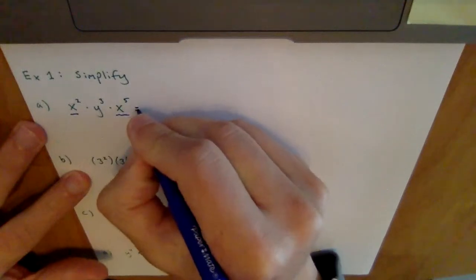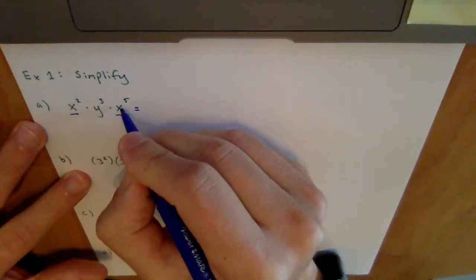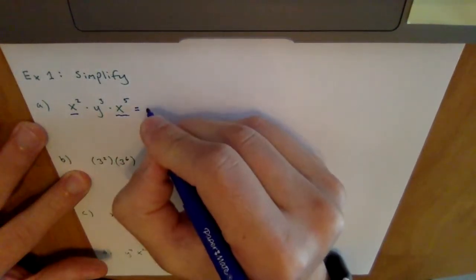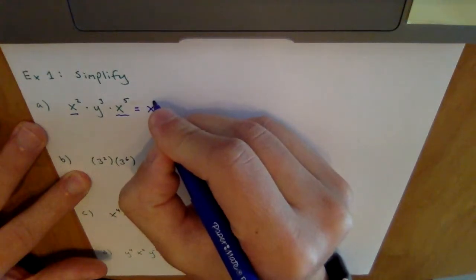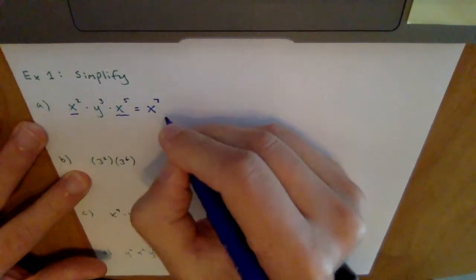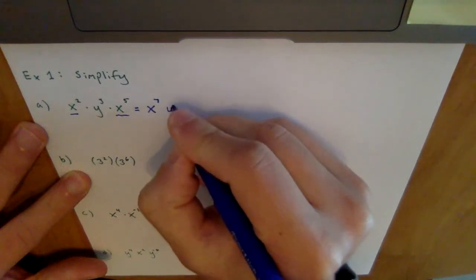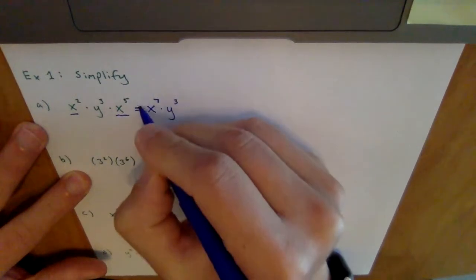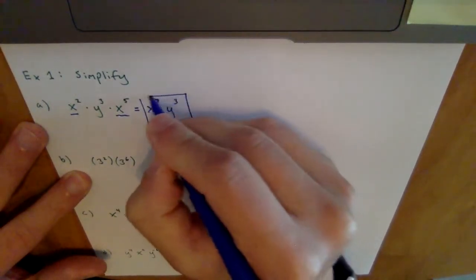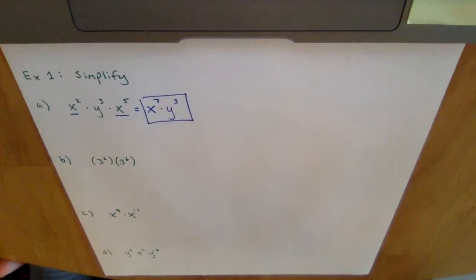So our final answer looks like this: x squared and x to the fifth, I add those exponents, becomes x to the seventh power. And then that y has nothing to be added with, so it just stays y to the third. So when we're multiplying same bases, we add the exponents.